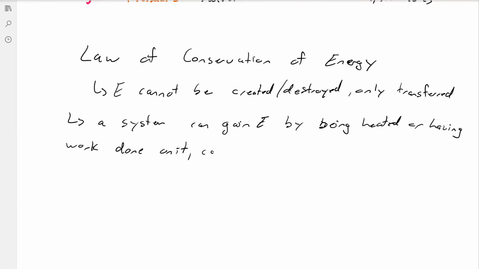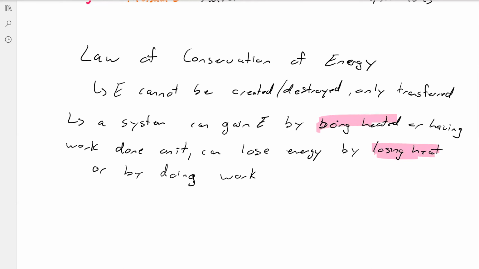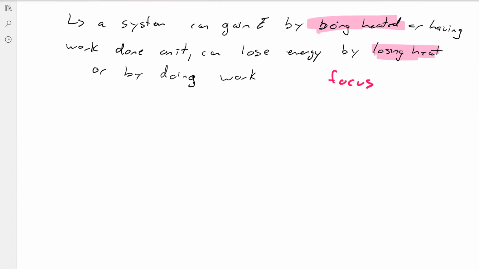And it can lose energy by losing heat, giving it to something else, or by doing work. For us, we're going to focus primarily on the heat part, right? Losing heat or being heated, and not so much the doing work. If you want to check out your textbook, there are some examples there where you can talk about energy in terms of doing work. But for us, it's going to be mostly about heat.